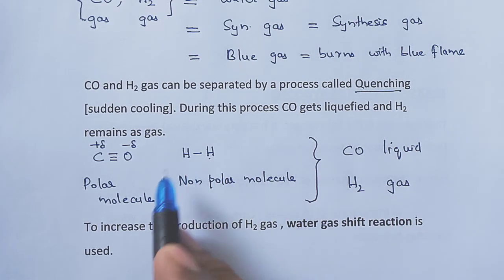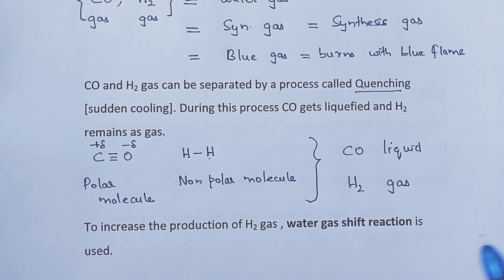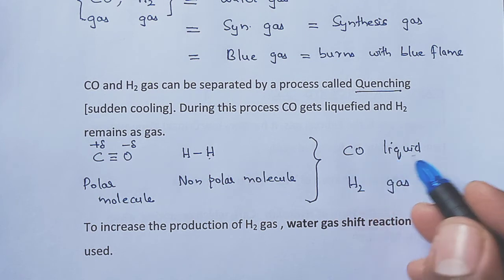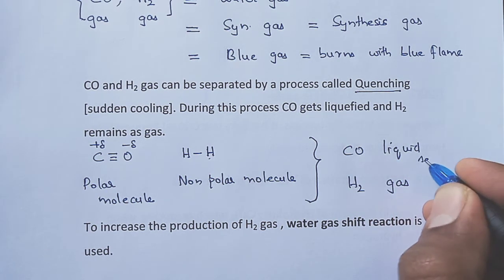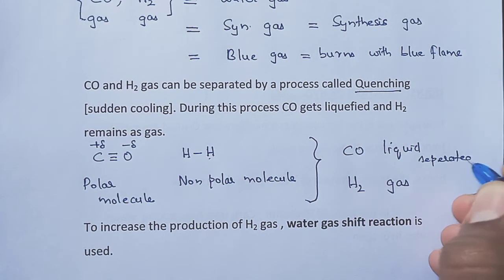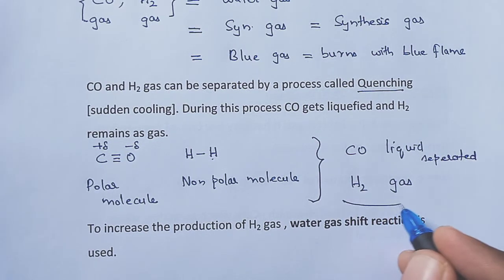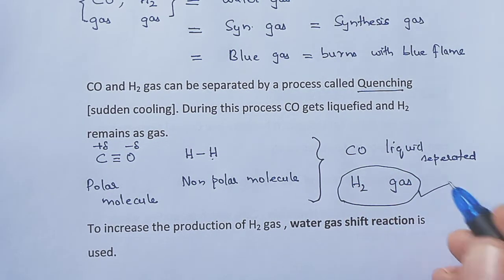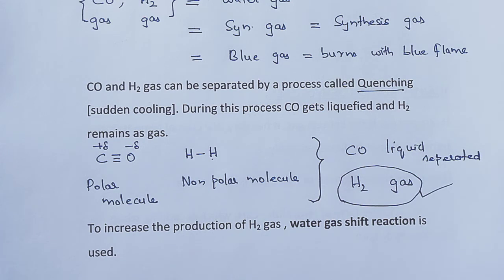Why? Because hydrogen is non-polar. It won't get liquefied easily. Therefore, carbon monoxide is converted into liquid, it is separated, and we are going to collect the hydrogen gas. That's how hydrogen gas is separated. Okay. That is one important point, quenching.